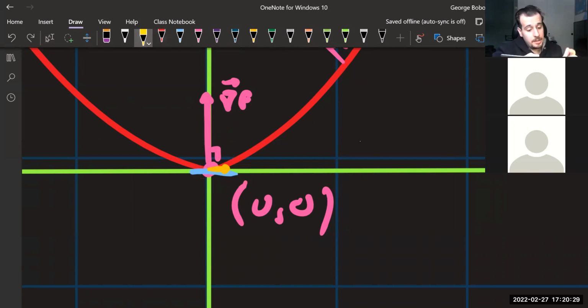And that's why scalar multiples of x hat do the job here. You see what I'm talking about? We're focusing on the 0, 0 point. Around the 0, 0 point, if you move in the x direction, no matter which way, left or right, you're still on the same level curve, that parabola. So that's what we're getting, the scalar multiples of x.